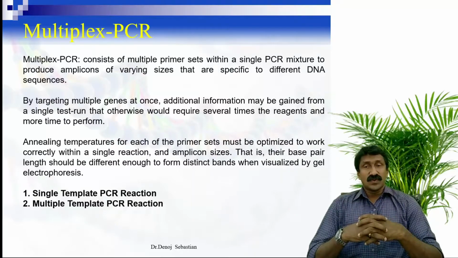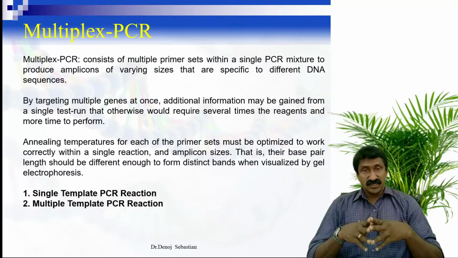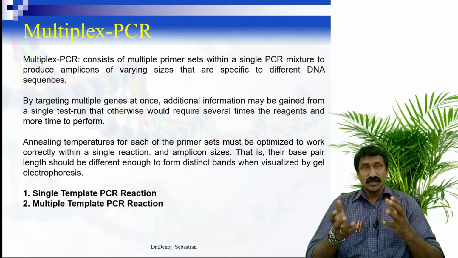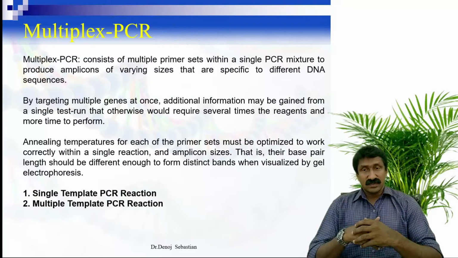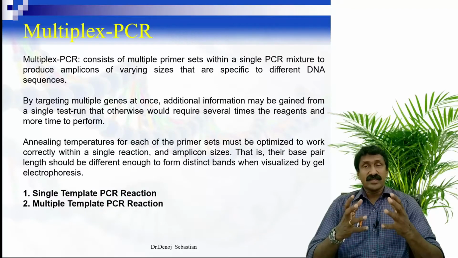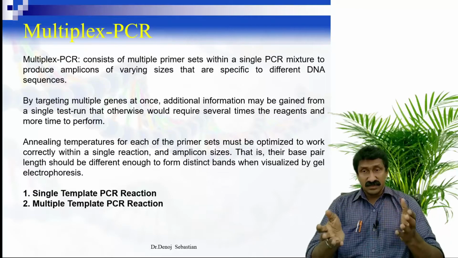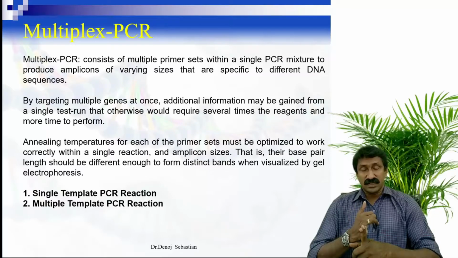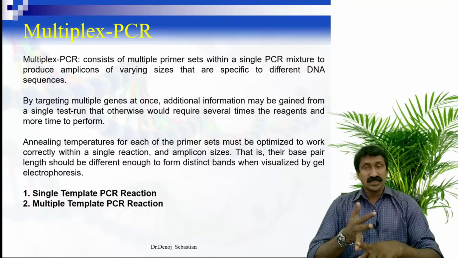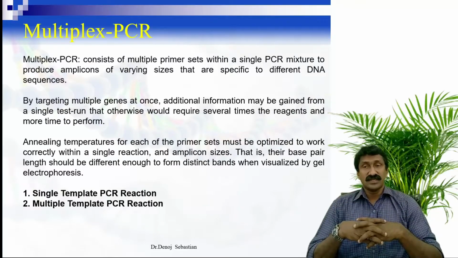The annealing temperature for each of the primer sets must be optimized to work correctly within a single reaction. So a proper standardization of the multiplex PCR system is required, based on the nature of the primer and the amplicon size. Everything needs to be considered while designing a multiplex PCR system.